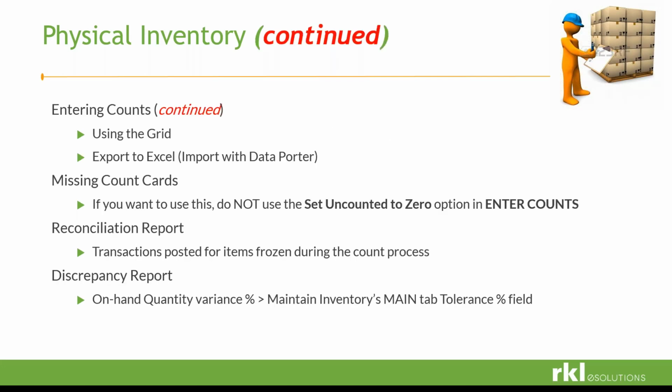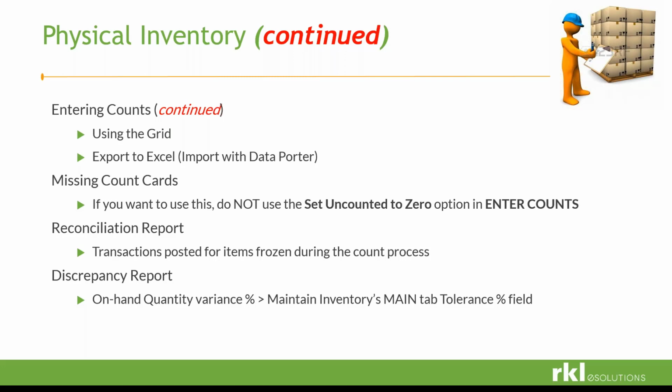In newer versions of 500, there's also a grid that appears down at the bottom of that enter counts screen, which makes the data entry a lot faster and also gives you the opportunity to export the data from that grid into an Excel sheet. So you might want to use that as your starting point before people do their counts and simply pass that Excel sheet user to user so that they can fill the data in.